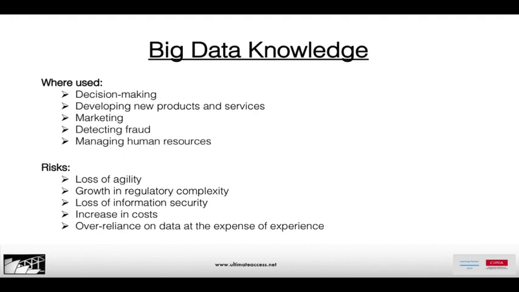Another risk is the loss of information security. Because we use big data, we use Internet of Things, if we are not careful, we could leave ourselves open to be hacked. We house a lot of information.